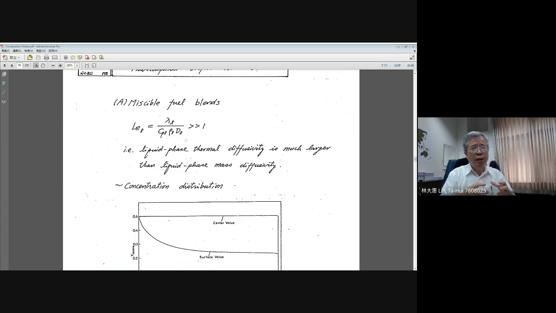What you need to consider when you think about thermal diffusion and mass diffusion for the liquid fuel is this. It is easy to think about thermal diffusion because all the components, all the molecules inside of the liquid, will transport the heat, right? They have the same characteristics, but for the mass, they should not be the same because the mass depends on the motion of the two component molecules, right?